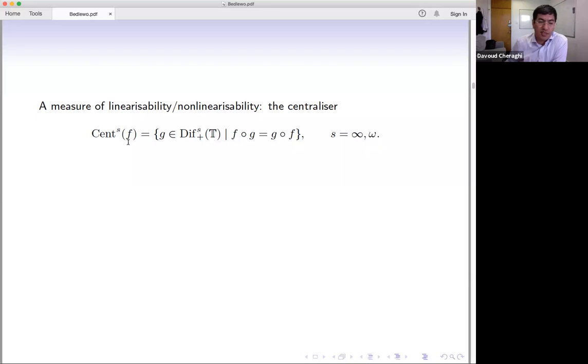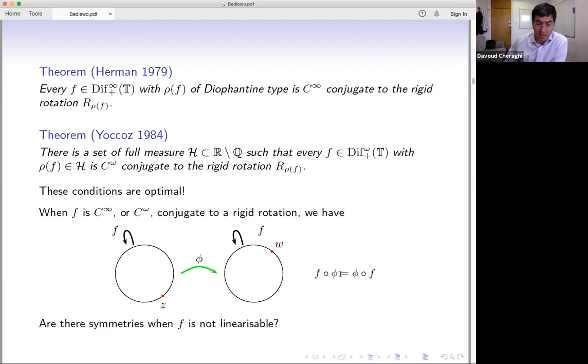So if S is one of these numbers, the centralizer of F is all diffeomorphisms of class S of T which commute with F. Okay. So this G plays the role of this phi that we have here. I don't even know why I used G. I could have used phi.